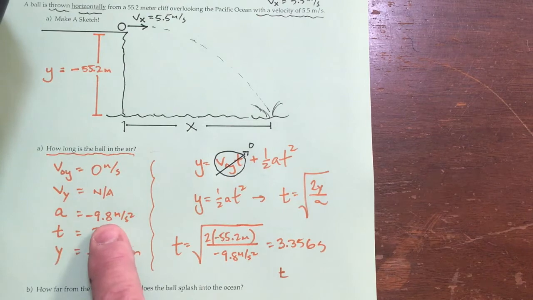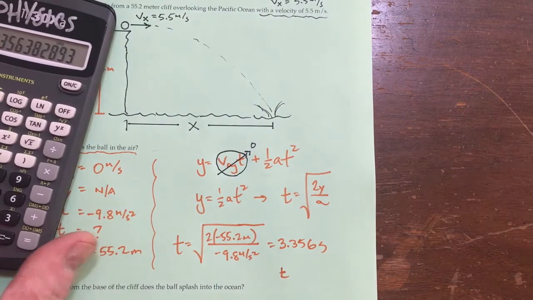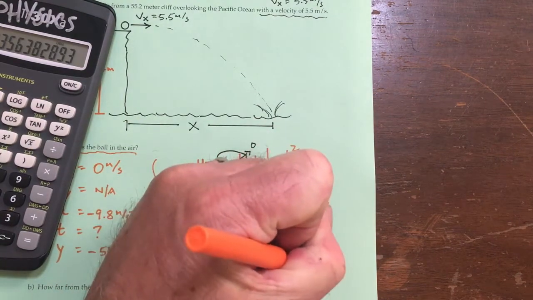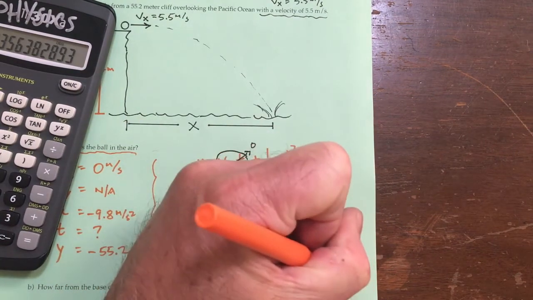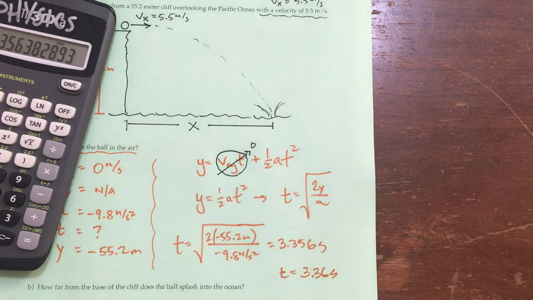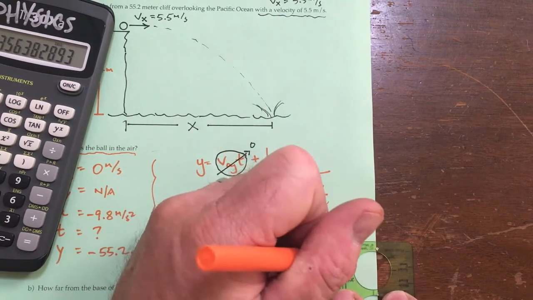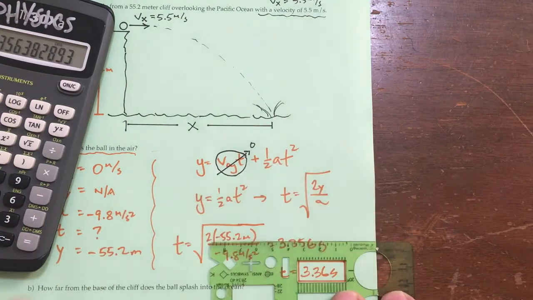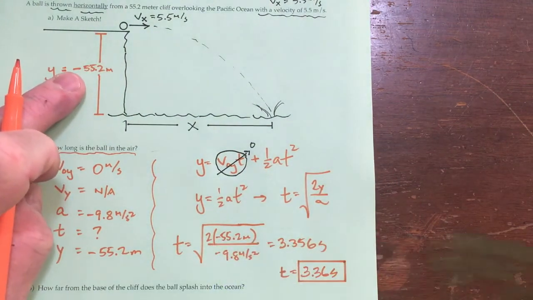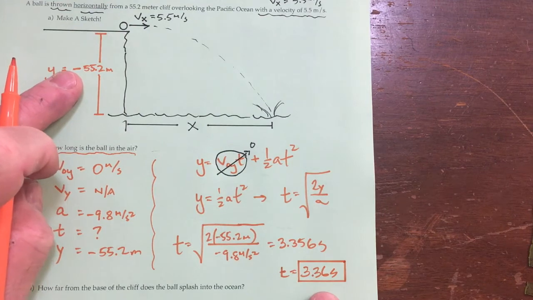We don't usually let gravity affect our sig figs, so I'm going to round this to 3 sig figs and call that 3.36. You would not be penalized if you rounded this to 3.4. But again, the truly given value, the height of the cliff, was 3 sig figs, so I'm going to round it to 3 sig figs.